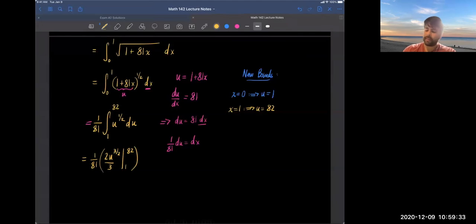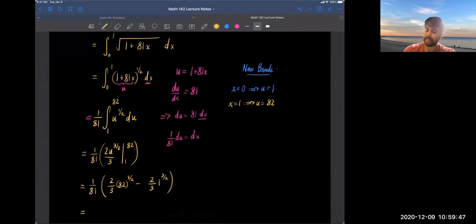And now I can evaluate my antiderivative at each of those respective bounds. So I get 82 raised to the 3/2 minus 2/3 times 1 to the 3/2. And so then what is 82 raised to the 3/2?